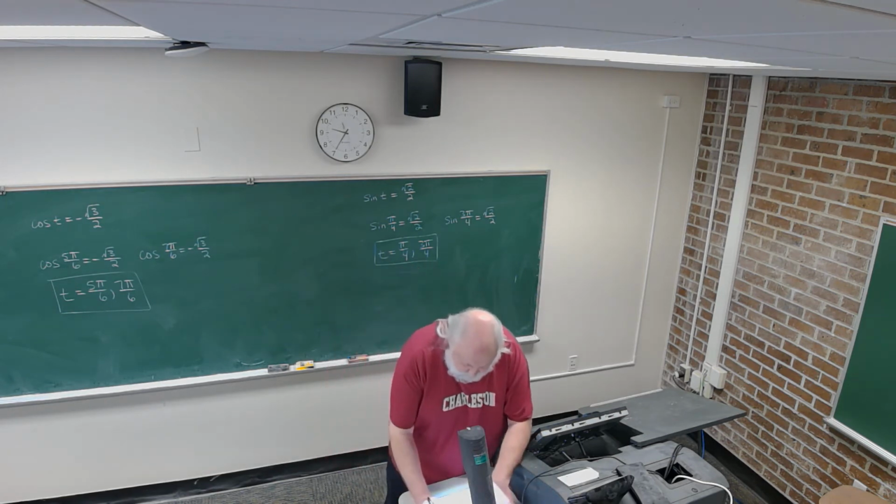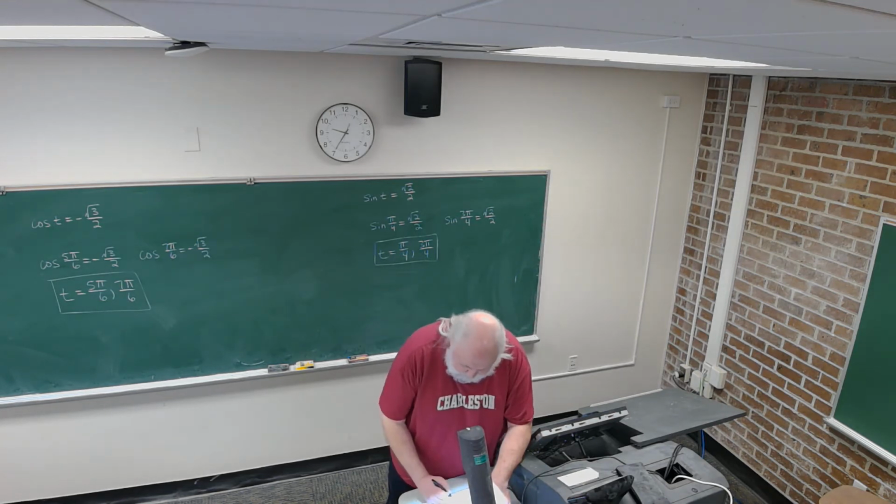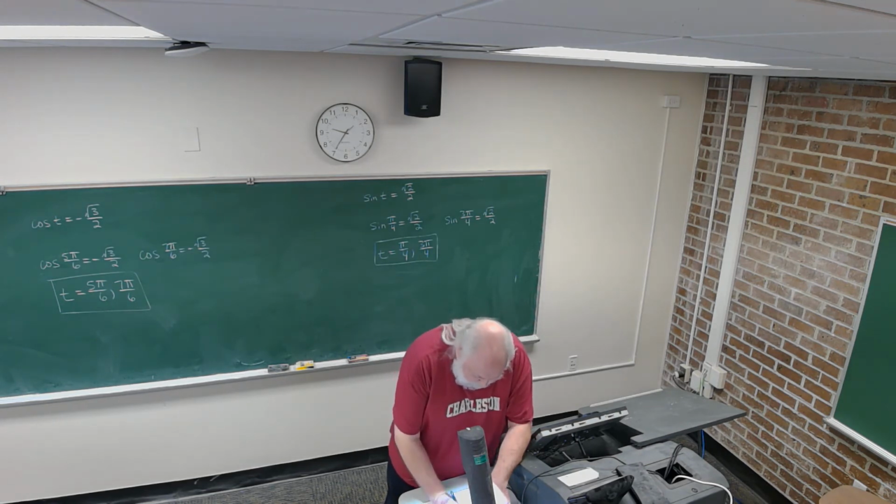So our first ordered pair is the point (0, 1), which is this point right here on the y-axis. So that's the y-intercept. Our second point is (pi over 2, 0), which is right here. Our third point is (pi, -1), which is right here.